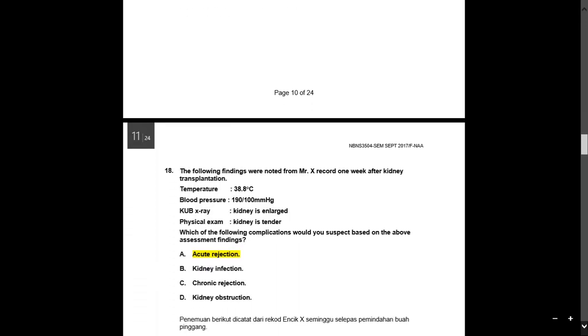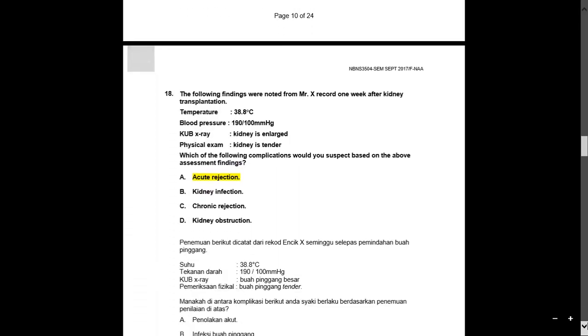Then question number 18. The following findings were noted from Mr. X's record 1 week after kidney transplantation. Temperature 38.8 Celsius, that means hyperthermia, blood pressure 190 by 100, KUB X-ray shows the kidney is enlarged, and physical examination shows the kidney is tender.